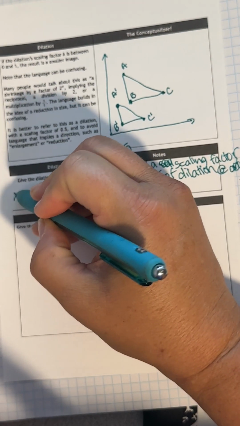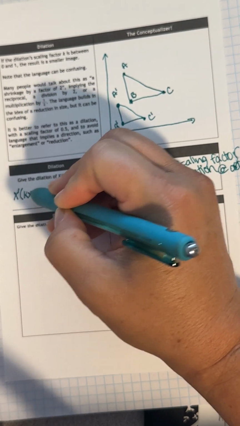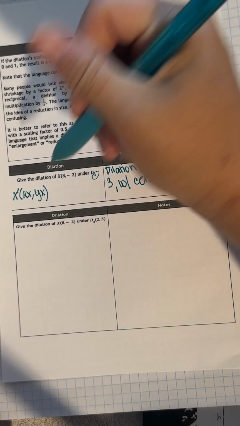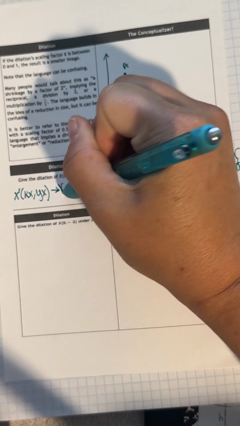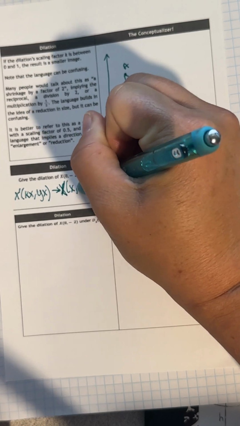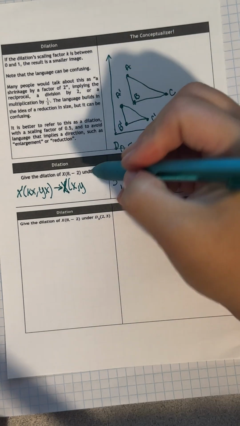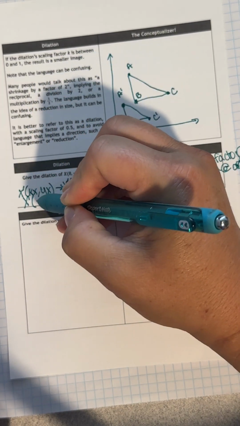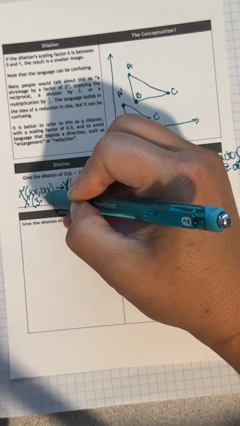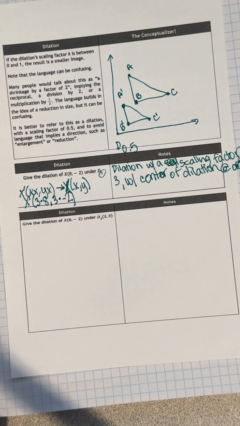So x prime, our new point, is going to be k times x and k times y. Okay, and that's going to come from our original point. Let me move my 7th grade notebook out from underneath of there. That might make it easier for me. So x prime, we're going to go through and do 3 times 8 and 3 times negative 2.